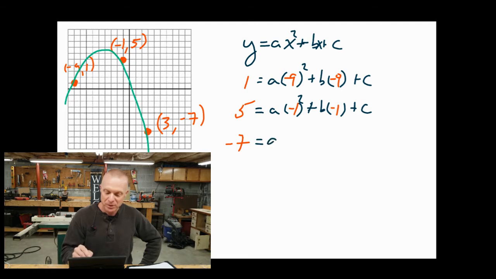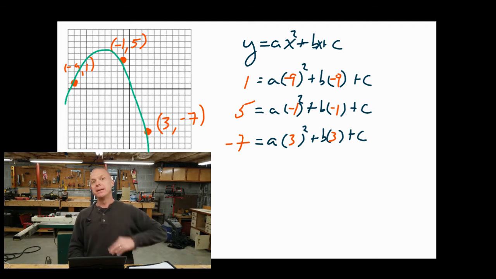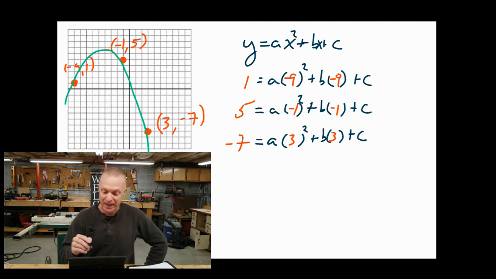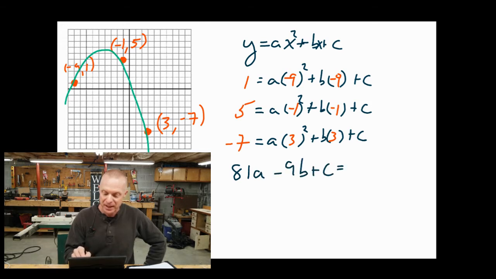Now, when we plug these 3 points in for x and y into our y equals ax squared plus bx plus c, we end up really creating a system. And this system just needs to be cleaned up a little bit. Of course, the first equation, when it cleans up, really ends up as 81a minus 9b plus c equals 1.